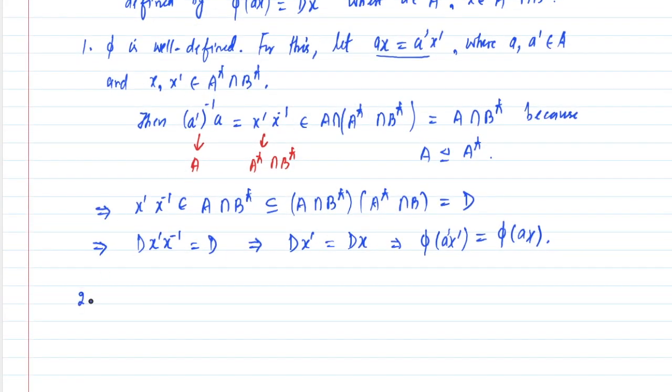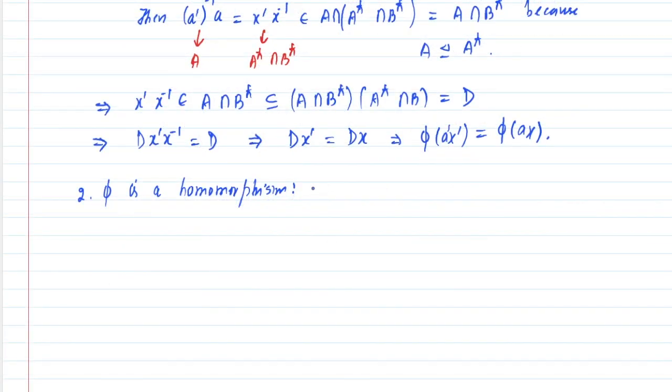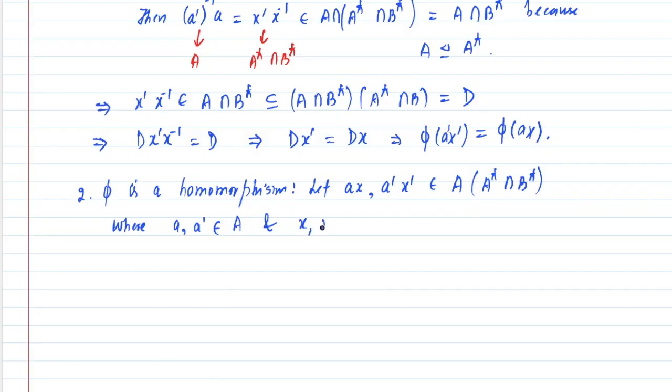Now let's proceed toward the second step, proving that this pi is a homomorphism. So next, this pi is a homomorphism. For this, again let ax and a dash x dash be two elements of A into A star intersection B star, where a and a dash are elements of A, and x, x dash are elements of A star intersection B star. Then let's evaluate pi of ax a dash x dash.